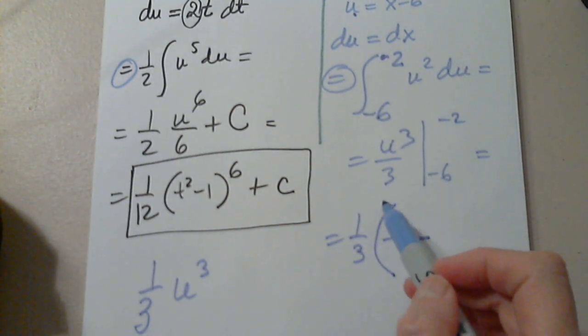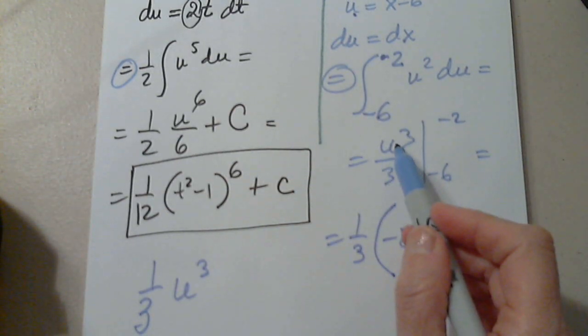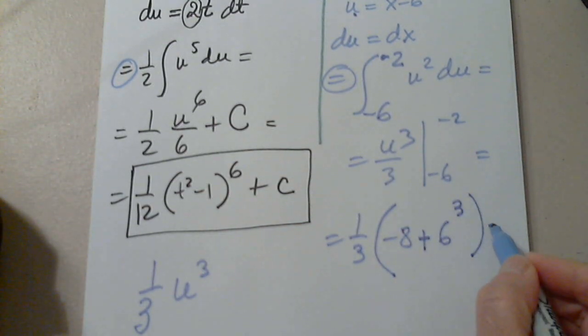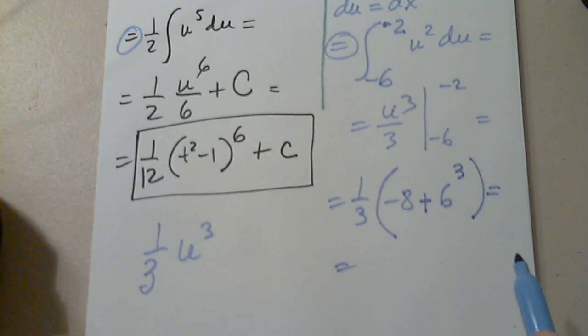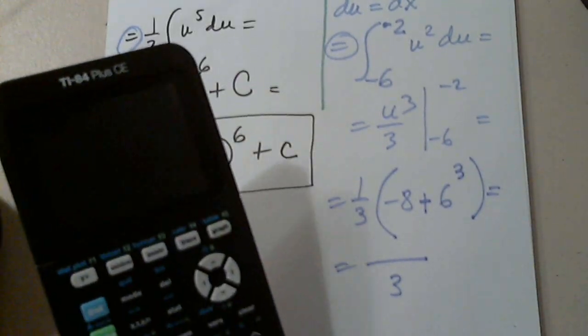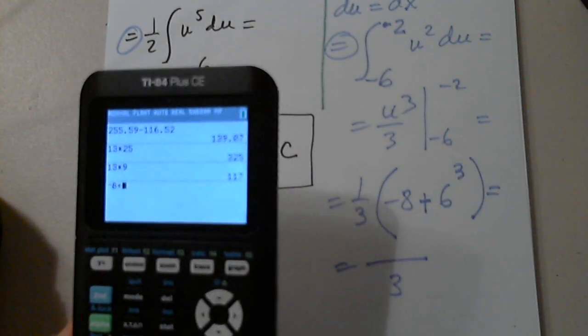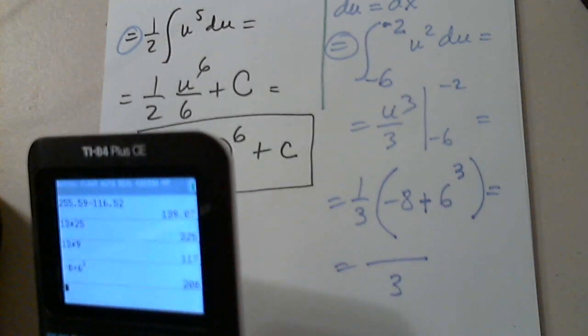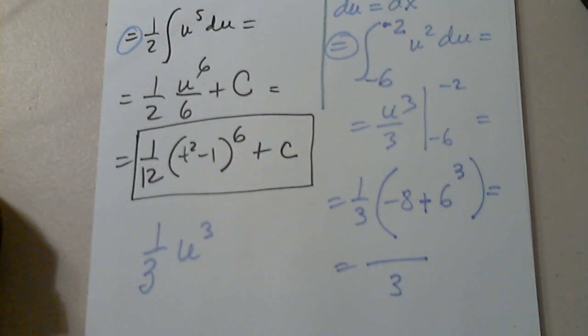Minus, when I plug in -6, I still get a negative number. So 6 to the third, divided by 3. So, lazy, lazy, lazy. So I have -8 plus 6 to the third. I got 208 divided by 3.